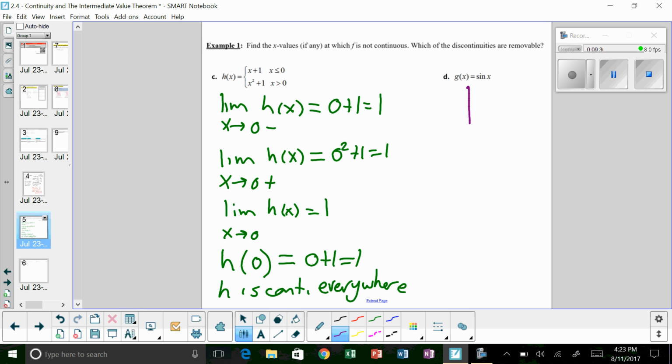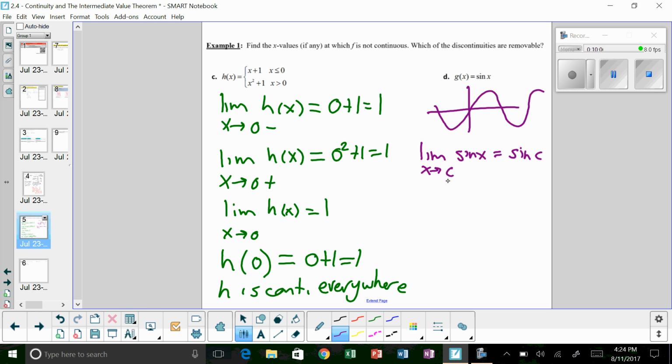If we think a moment about what the graph of our sine function looks like, it's a nice, smooth, continuous graph for all x values, which seems to imply that g of x has no discontinuities. Well, this is in fact going to be true, because the limit as x approaches c for any c of sine x is just going to equal sine of c.